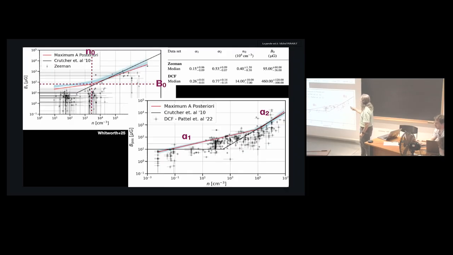What we found was there was always a moderate slope in the low density medium, the alpha 1. There's also something between 1/2 and 2/3 for an alpha 2 slope. It's somewhat indeterminate given the available data. And an N naught at moderate density and a B naught that can get quite high.